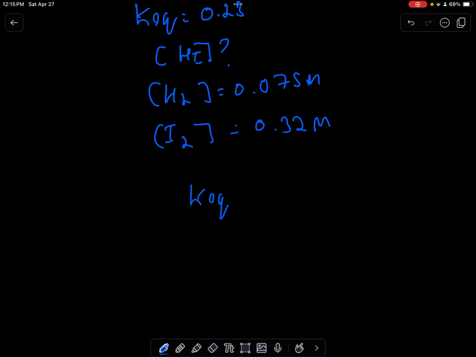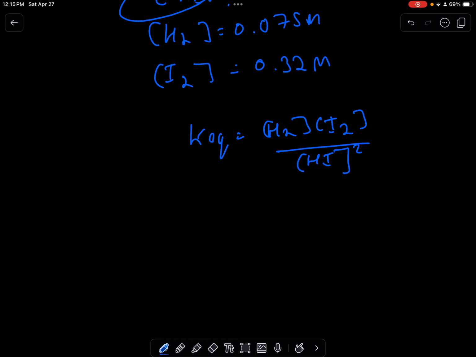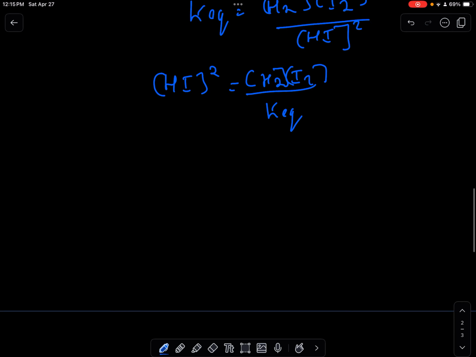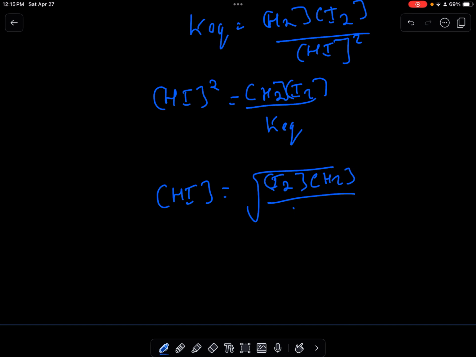So let's write the expression for the equilibrium constant, and we want to find this. Let's rearrange it. So HI squared is equal to H2 times I2 all over KEQ. If we have a square, we need to take everything to the power of 1/2 to find the concentration. So the concentration of HI will be equal to this. And when you plug that in, you should get 0.32 molar.